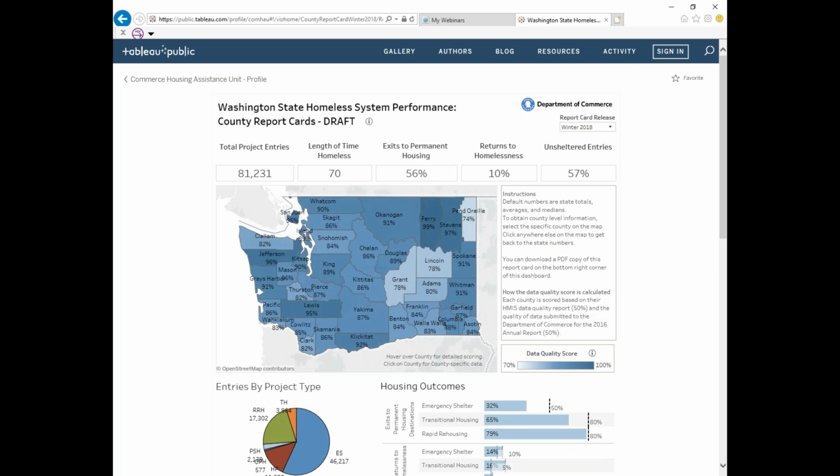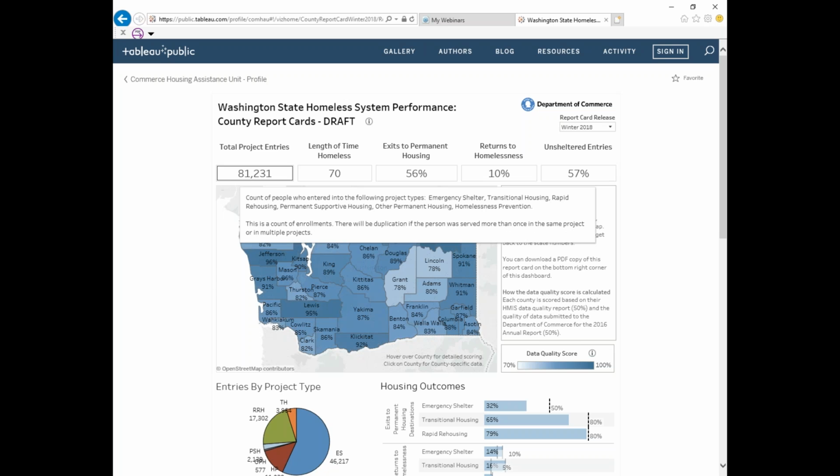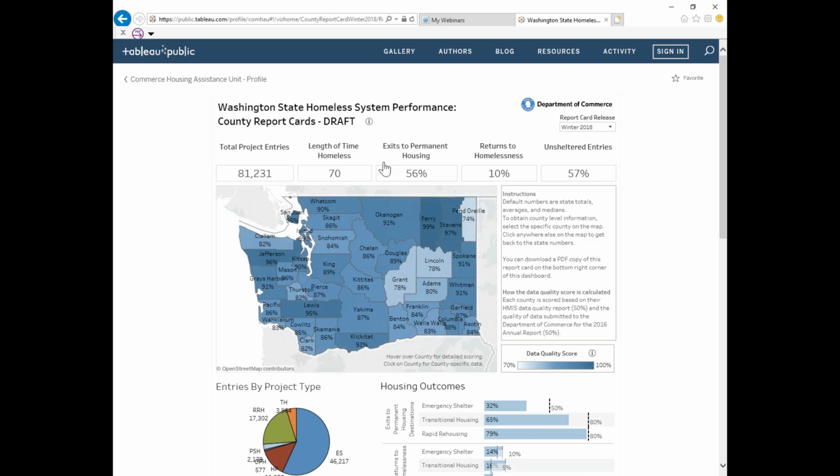So this is the winter 2018 edition of the county report card. So this is 1 year after the winter 2017 edition that is still on the public site. So we've made some changes. You can see the performance measures are in a ribbon across the top of the page now, rather than clicking through filters to get to the different performance measures.